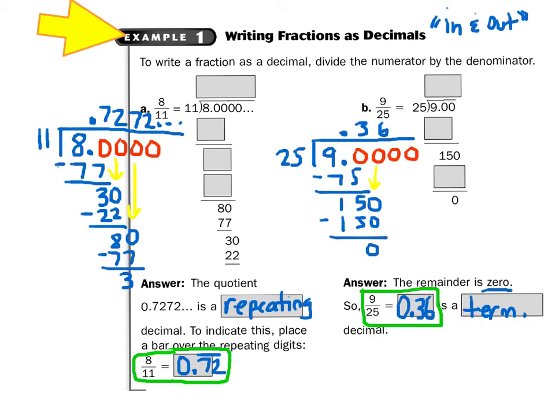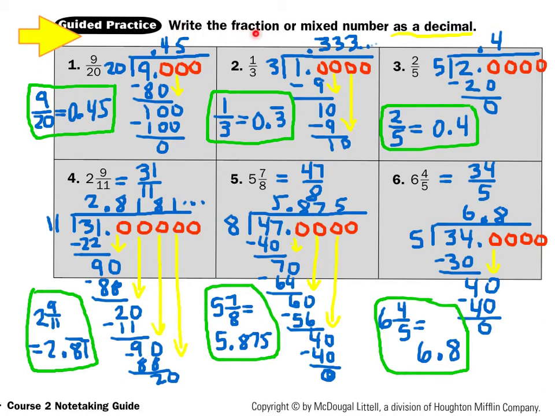It didn't keep going. Okay, so now we're going to write the fraction or the mixed number as a decimal. So look at number 1, 9/20, in and out. Put the 9 on the inside, the 20 on the outside. Put the decimal after the 9 and add 3 zeros.